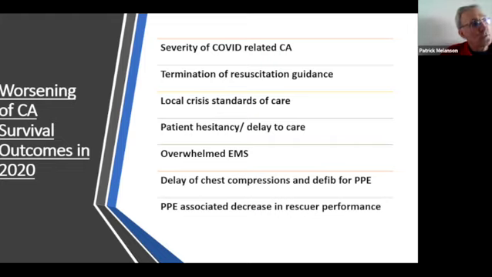There were a lot of issues with patient hesitancy and delays to care. So coming to the medical system a lot later because of a fear of contracting COVID in the medical system. Overwhelmed EMS services, and then the delay of chest compressions and defibrillation for putting on PPE.